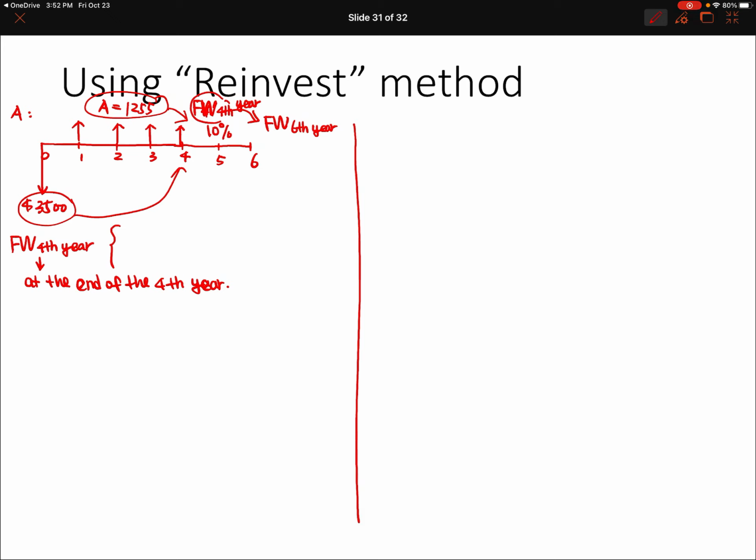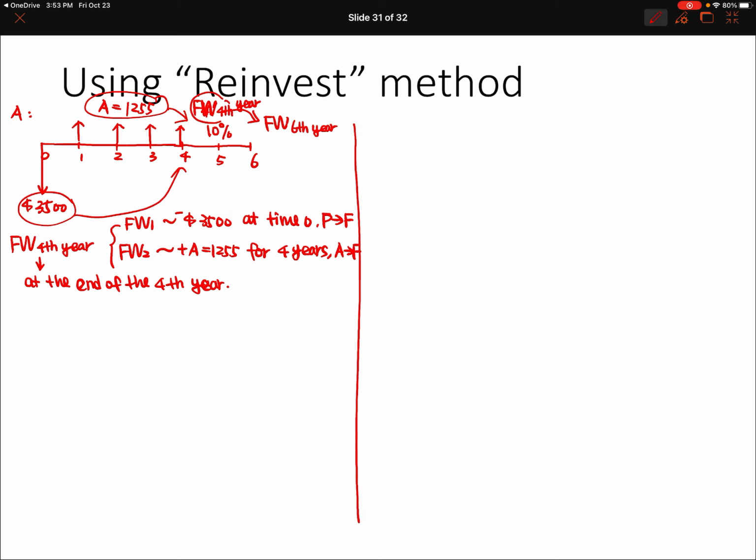So FW fourth year, we need to convert to the two parts. Part 1 is the 3,500 negative at time 0. So it's to convert a present value to a future value. And the part 2 is the positive annuities for 4 years.